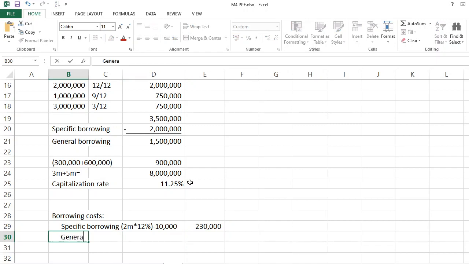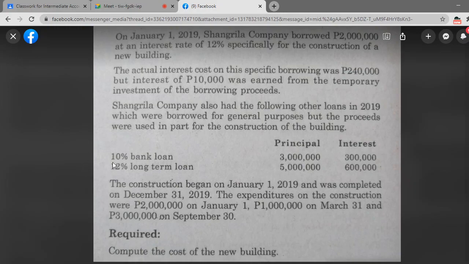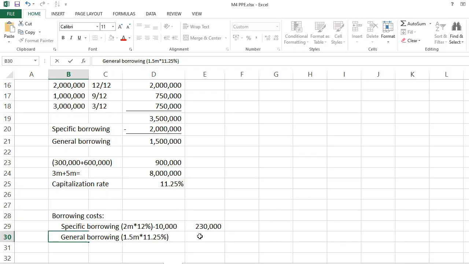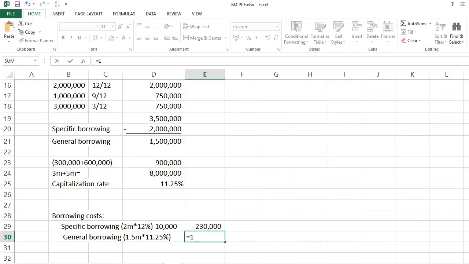Now, let's proceed to the general borrowing cost.